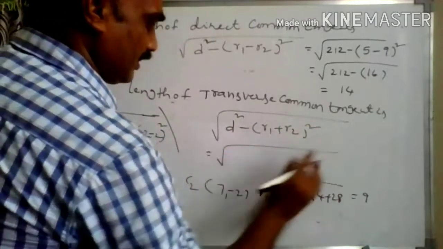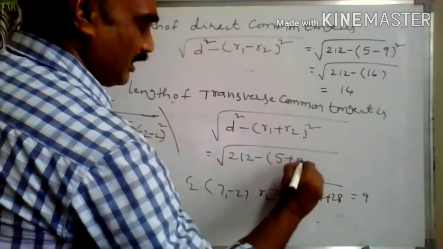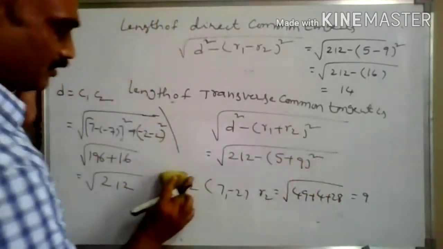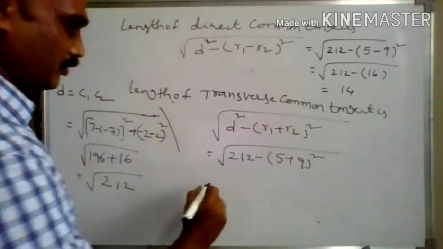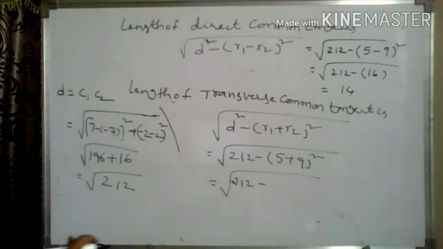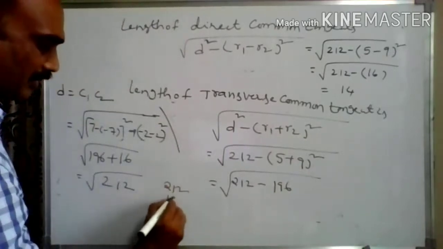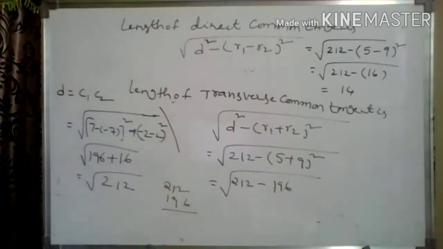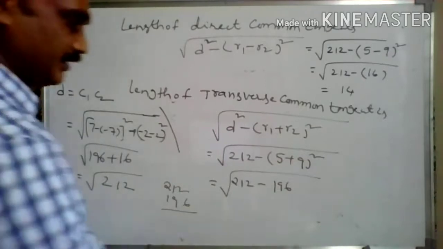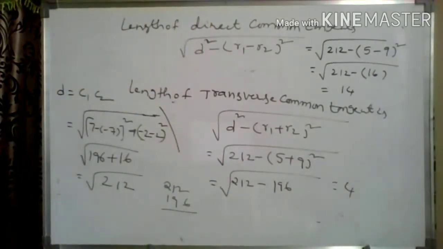Root of D square 212 minus R1 5 plus R2 9 whole square. So that is equal to root of 212 minus 5 plus 9, 14, 14 square is equal to 196. So 212 minus 196 is 16. Root 16 is equal to 4.